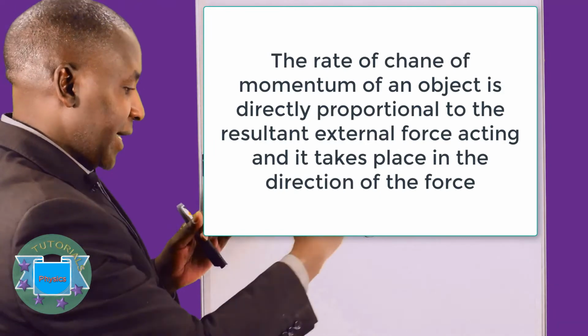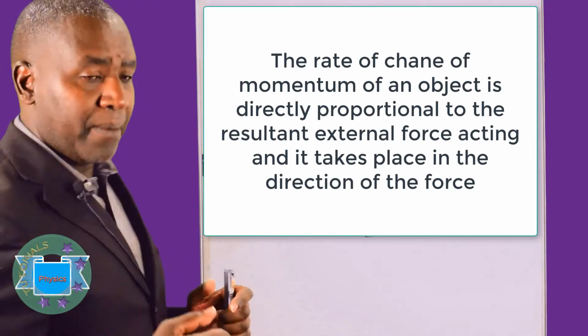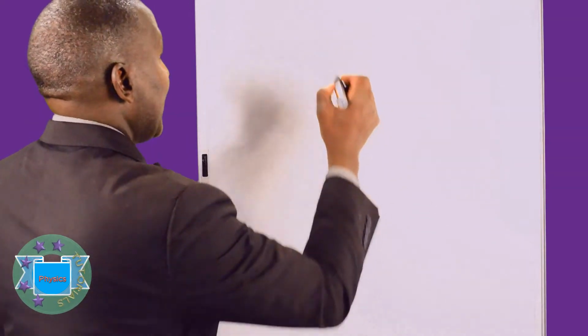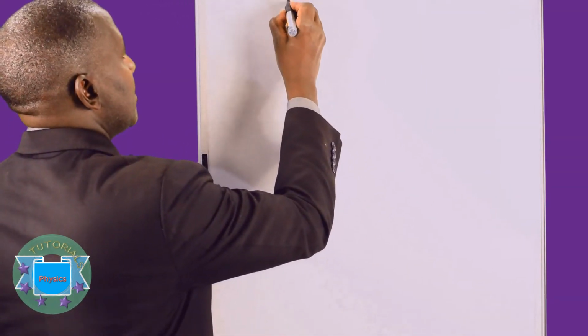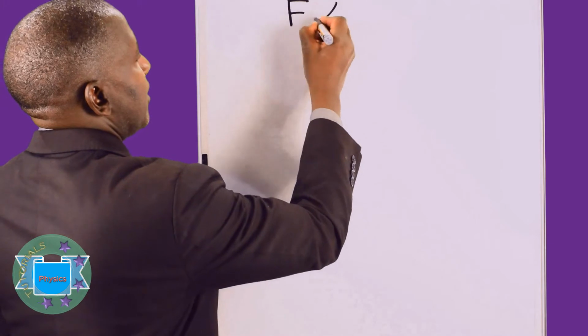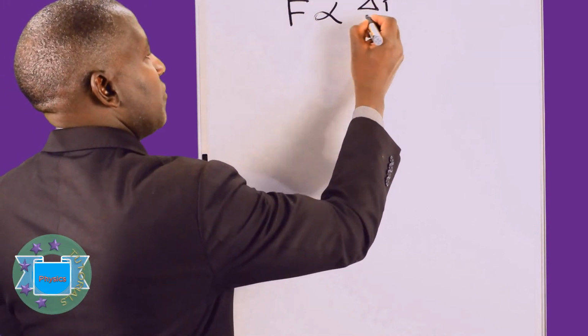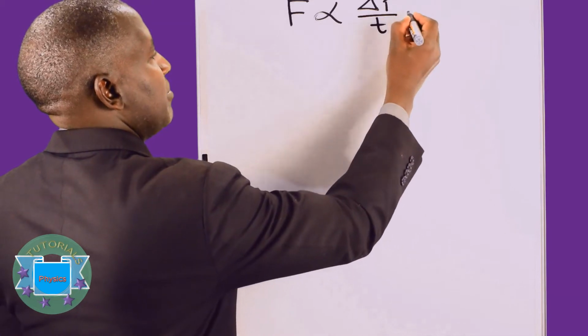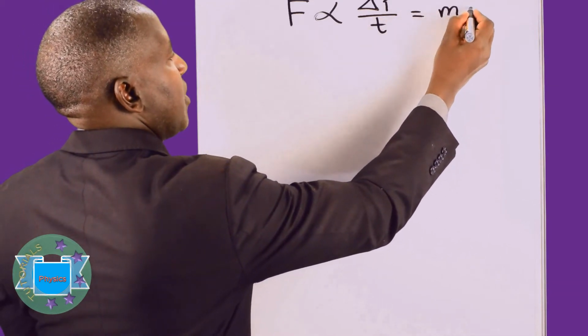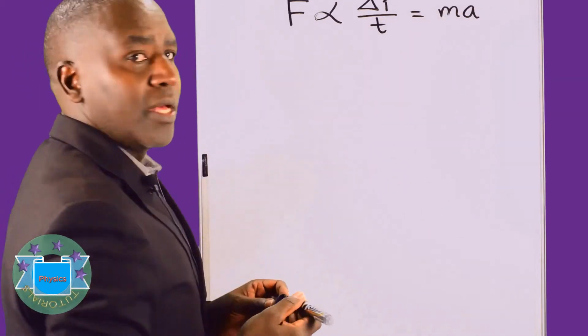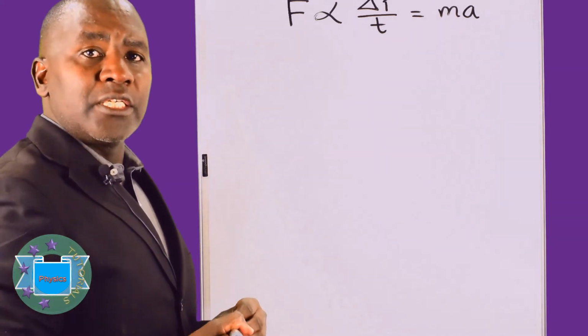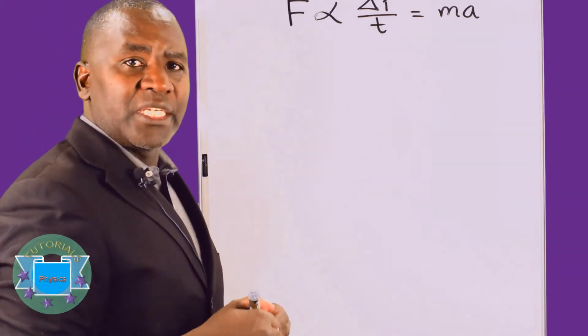So let's write down that law mathematically. F is directly proportional to the rate of change of momentum, which we have seen is equal to ma. ma is the rate of change of momentum.